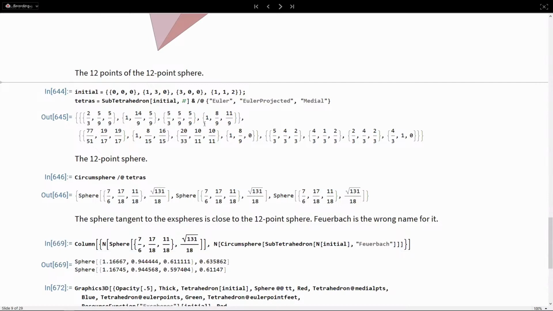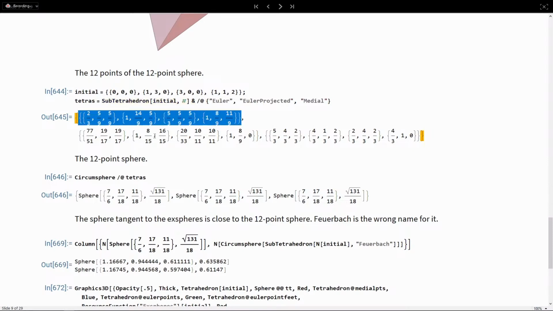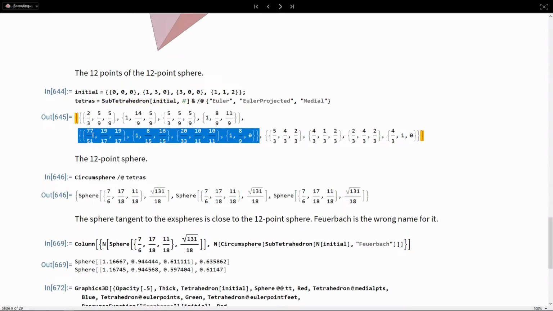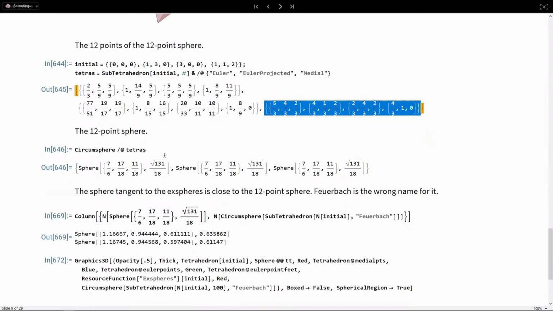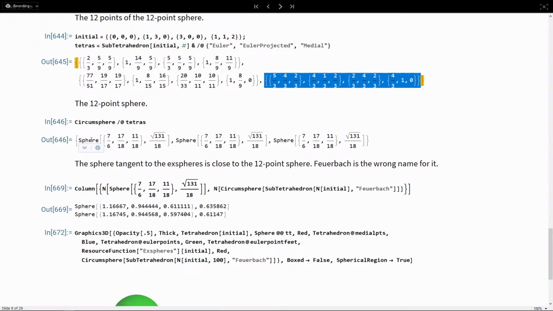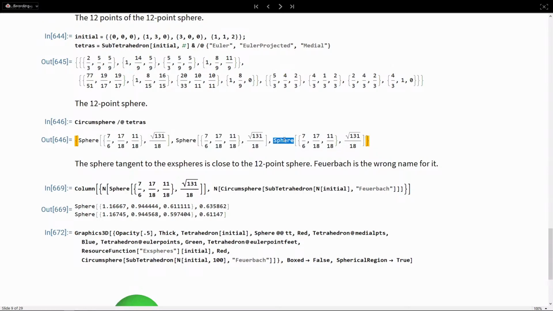And we can check that the Euler tetrahedron, the Euler projected tetrahedron, and the medial tetrahedron all have the same. These are the 4 tetrahedra, but these are the 3 tetrahedra, but they all lead to the same sphere.